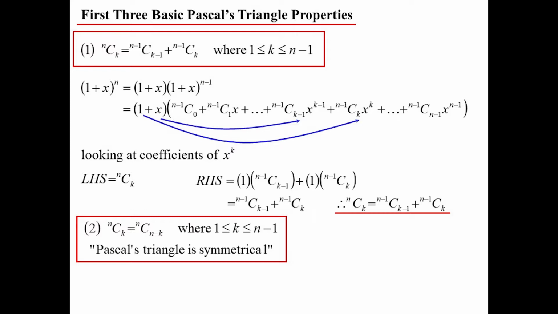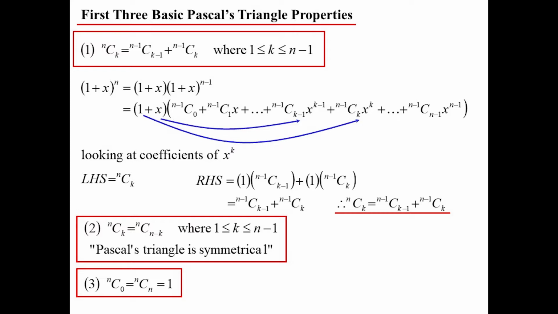Same thing. So that's the symmetry of Pascal's triangle. And the very last one is simply saying, hey, Pascal's triangle always starts and finishes with 1. So nC0 will always equal nCn, and that'll always be 1. So there are the three basic Pascal's triangle relationships.